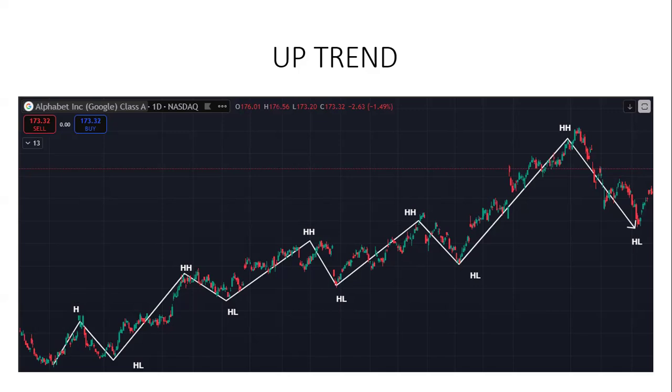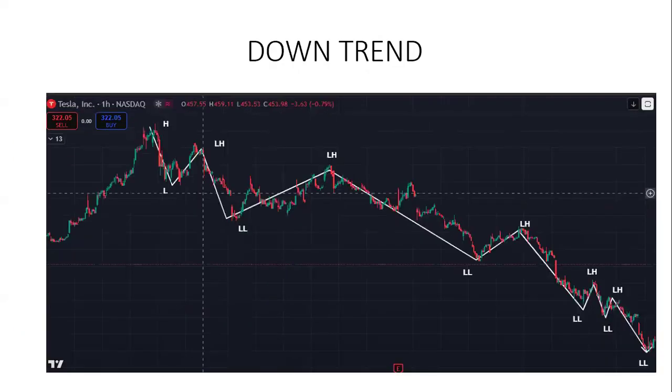So let's see how it works in a downtrend. Exactly the reverse happens in a downtrend. The market or stock has made a high, then it comes and makes a low, then it makes a lower high, comes down to make a lower low. This low is lower than this, hence it is called lower low. Then it does a pullback and makes a lower high.